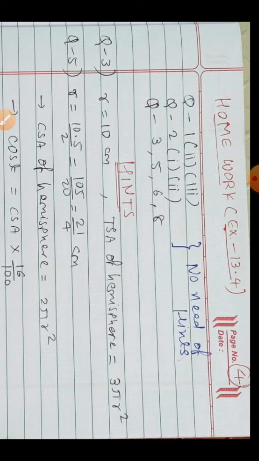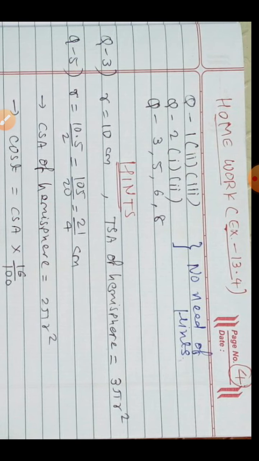You should write the solved sums also in your pair book, but these homework sums first have to be written in the homework book, then only in the pair book, not directly. The left sums are from question number 1: 1, 2 and 3; from question number 2: 1 and 2; and from question number 3: 5, 6, 8. So total 4 plus 4, 8 sums are there.